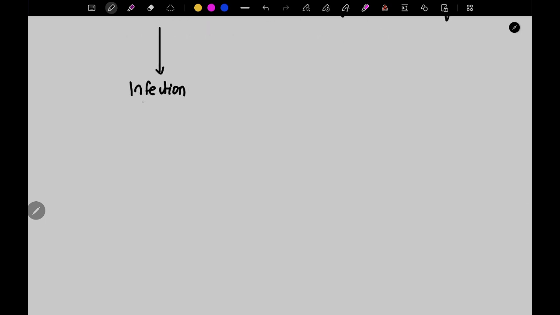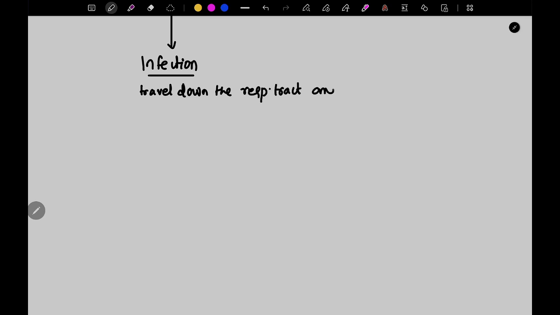The Mycobacterium tuberculosis travels down the respiratory tract and is deposited in the alveoli.